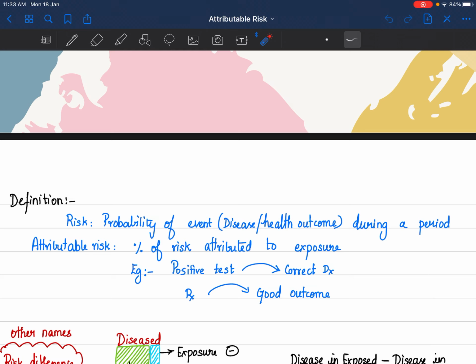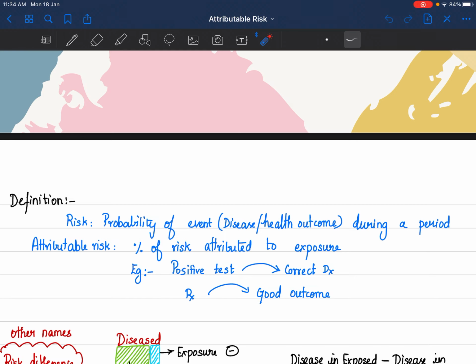What is attributable risk? It is the percentage of risk that you are trying to assess, it can be a disease or a health outcome, attributed to exposure. Suppose the percentage of people developing diabetes who have had exposure to, say, smoking or some X food or some Y environmental exposure.